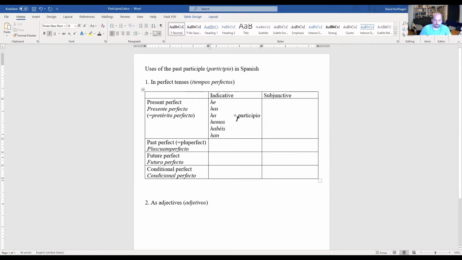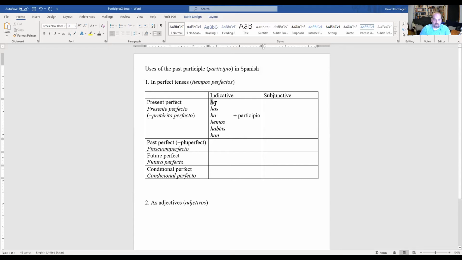So going back, for decir, for example, the participle was dicho. So the present perfect of decir is he dicho, has dicho, ha dicho, hemos dicho, habéis dicho, han dicho. So I have said, you have said, he, she, or it has said, we have said, y'all have said, they have said, or y'all have said.